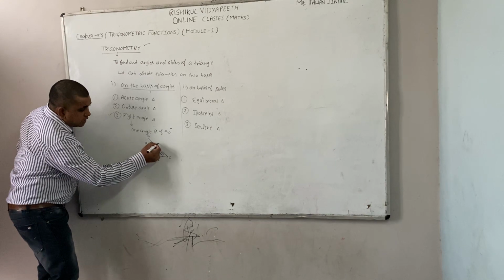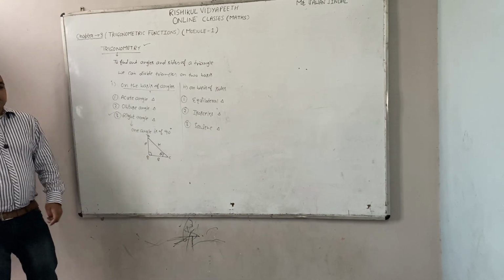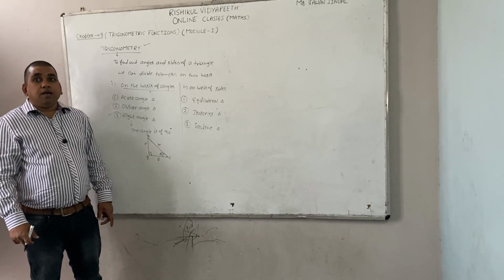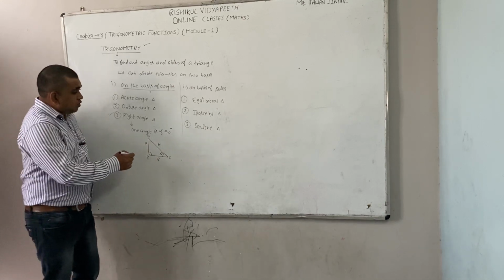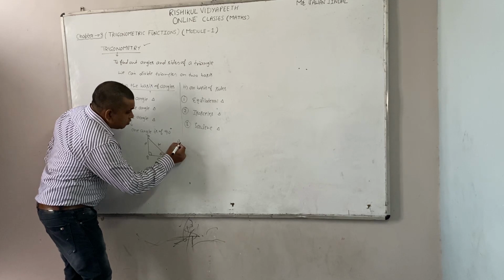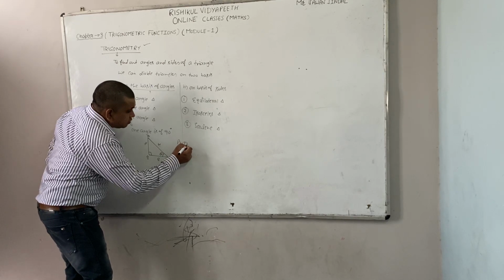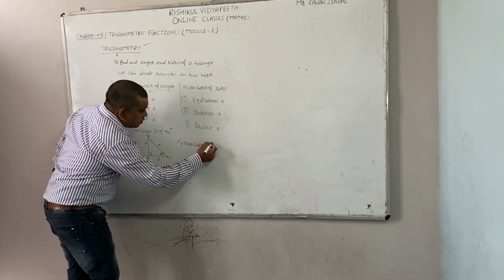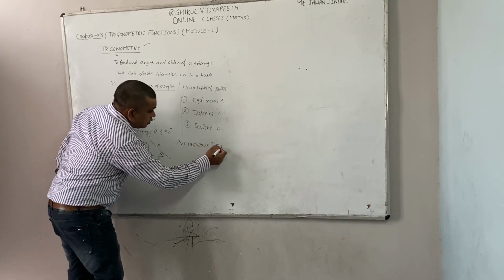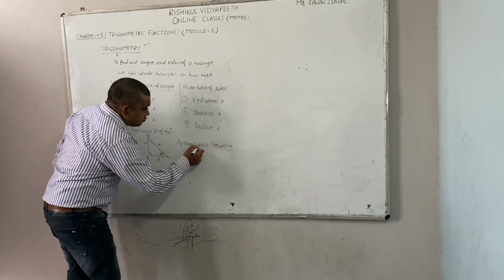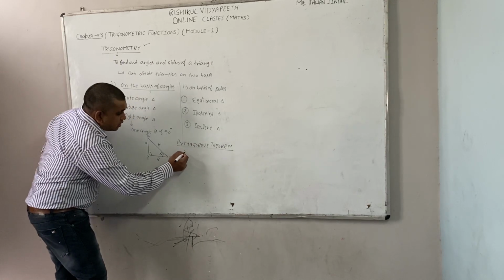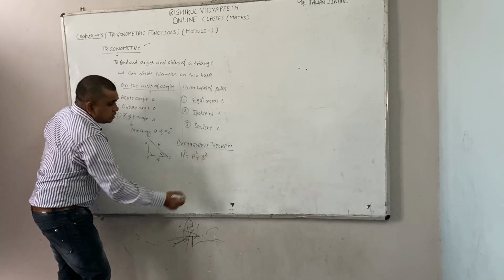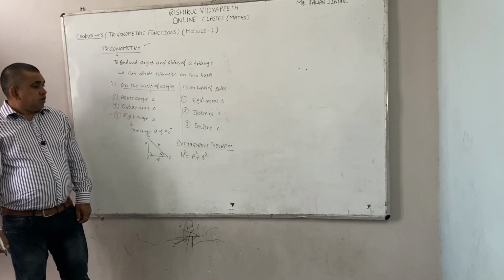This is your base and this is your hypotenuse. And for this, you know about Pythagoras theorem also. What is Pythagoras theorem? Hypotenuse square equal to perpendicular square plus base square.